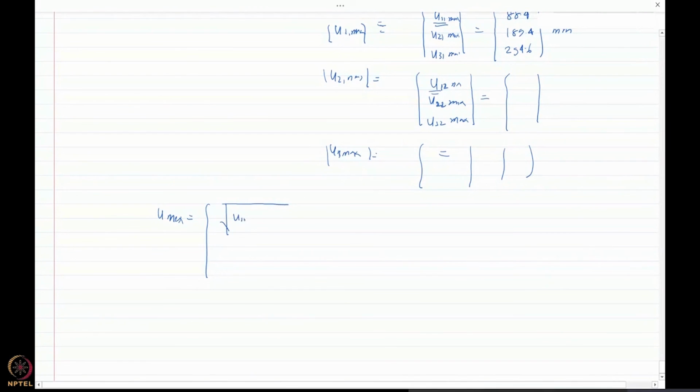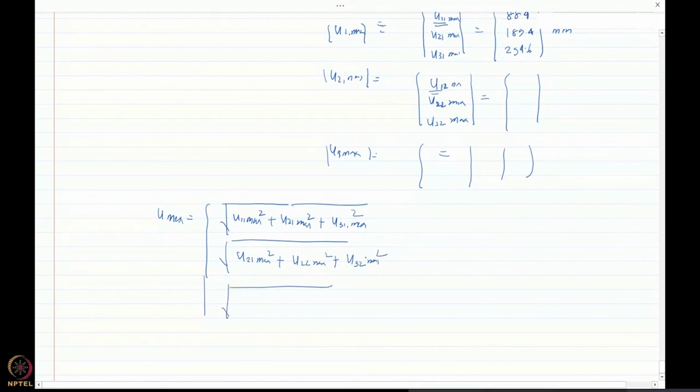It would be U11 max square plus U12 max square plus U13 max square, then U21 max square, U22 max square, and then U23 max square.